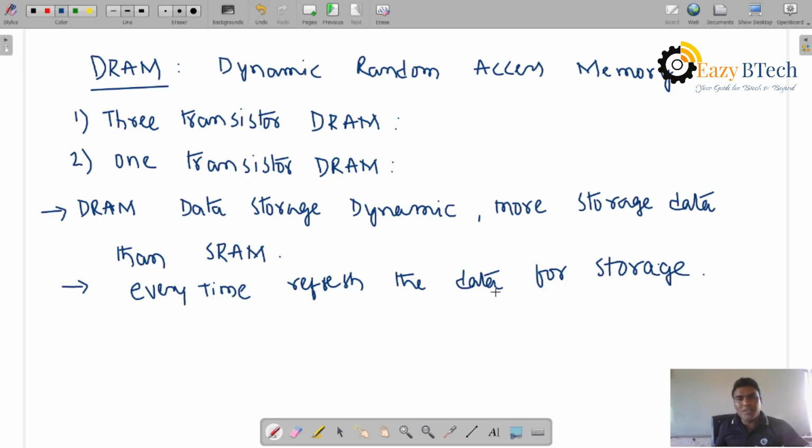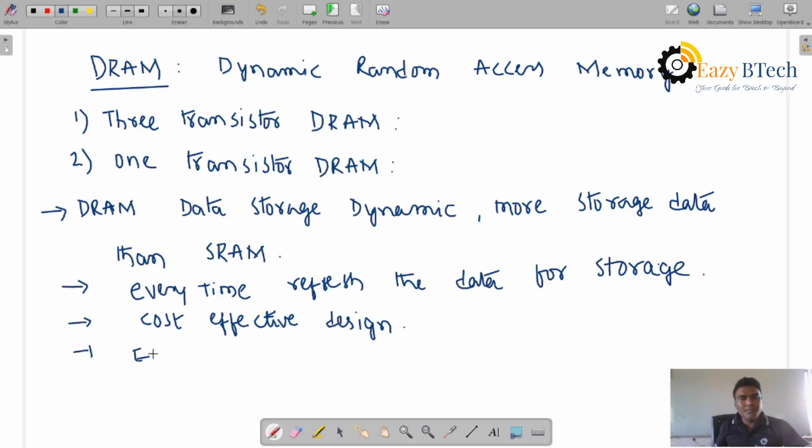So every time we refresh the data for data storage, and also it is a low cost, cost-effective device compared to SRAM. It is one part of the memory, SRAM and DRAM.